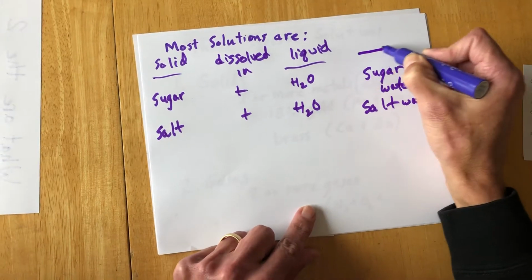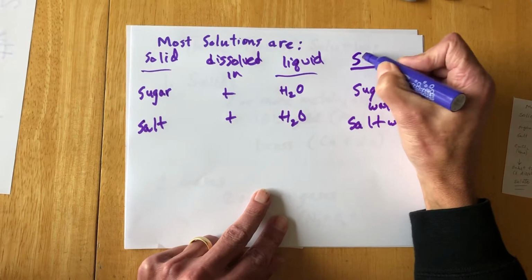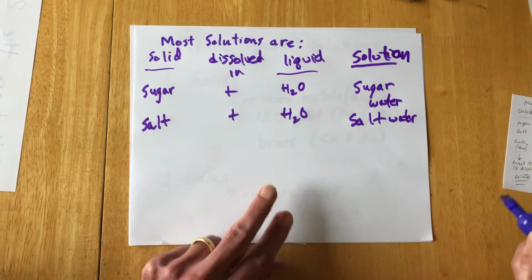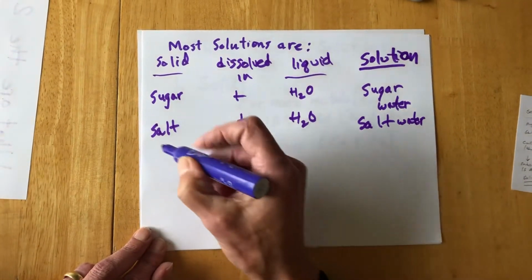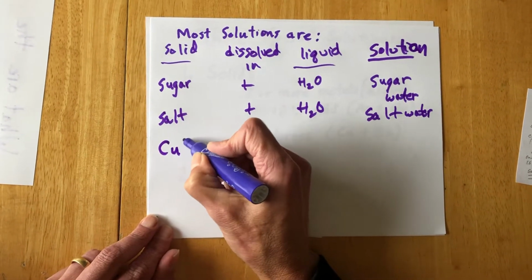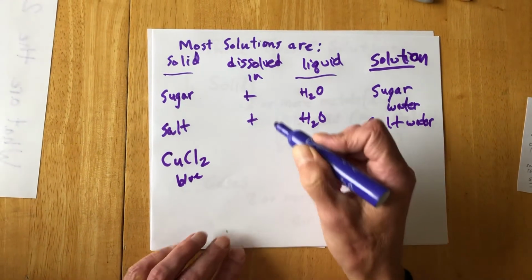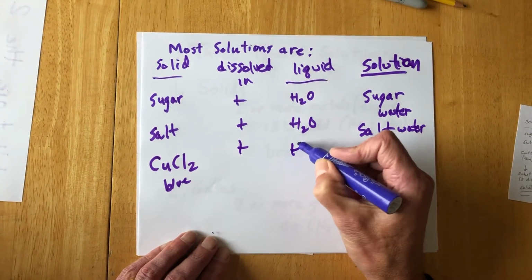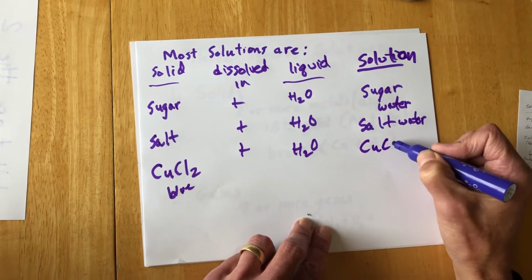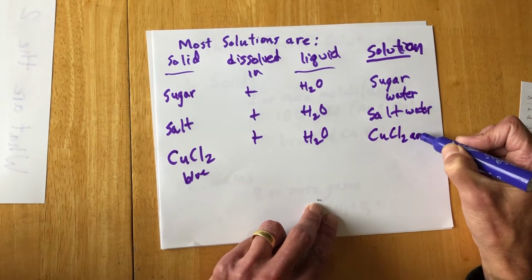So if you have a solid and you mix it with a liquid, you get a solution. Another one that we've dealt with this year was when the solid was copper chloride, which was blue, you might remember. And I mixed it with water, and we got a copper chloride aqueous solution, AQ.